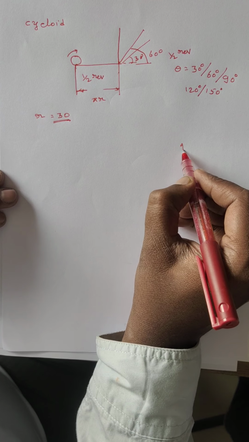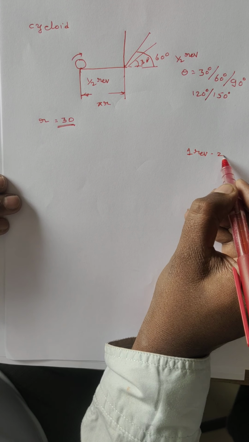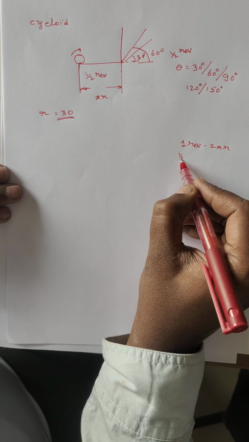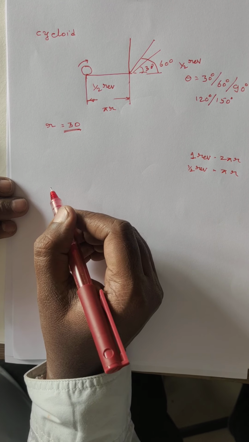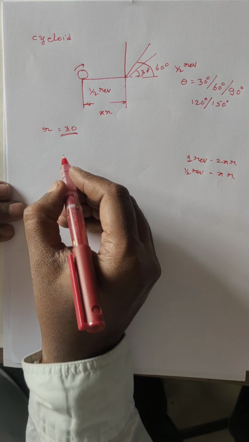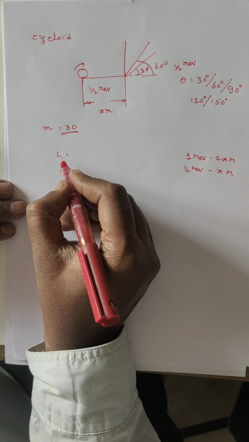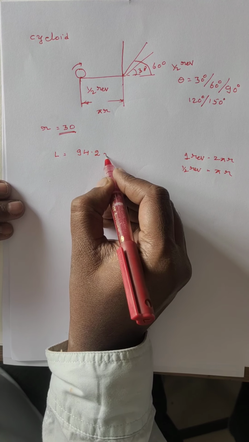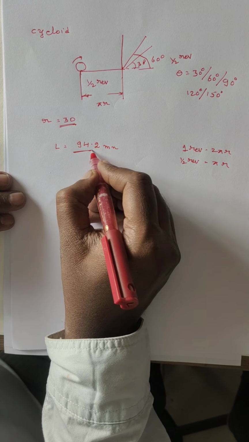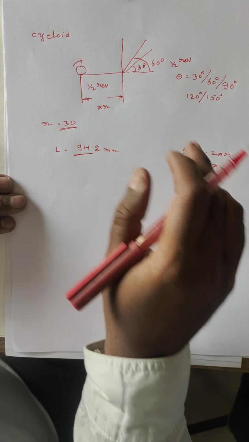For one revolution, it is 2 pi r. For half revolution, it is pi r. So how much is the value of pi r? That is going to be 94.2 mm. Therefore, we are going to take 94 as the directing line.